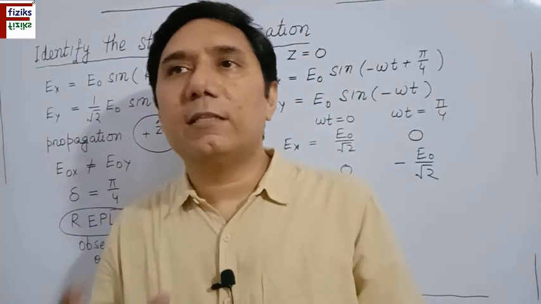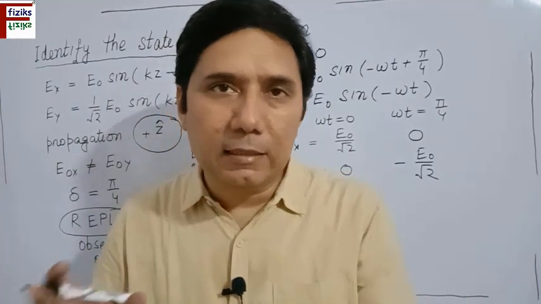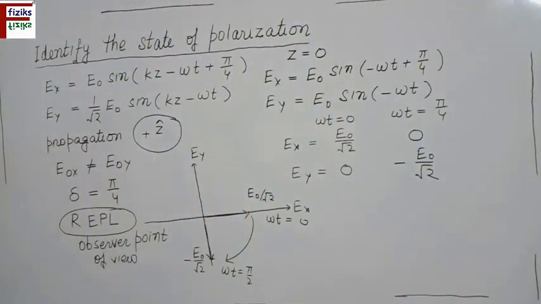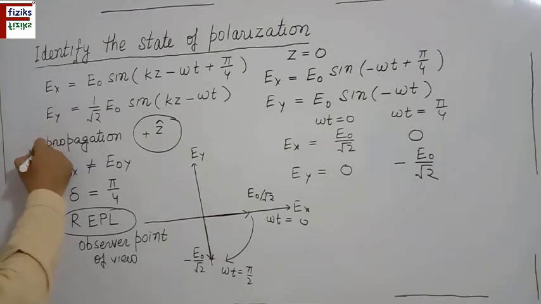Whatever the polarization of the given Ex and Ey components, we can identify the state of polarization if the Ex and Ey components of the light are given. You will follow this procedure, and I have solved a sufficient number of examples here so that you will be able to solve all these questions. But first you have to remember this point.